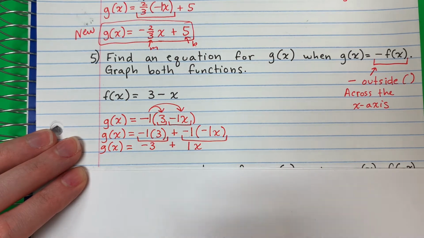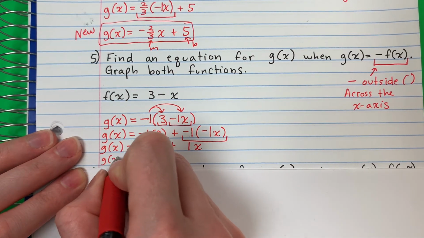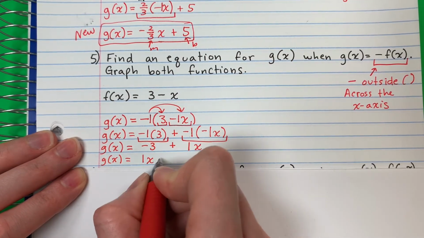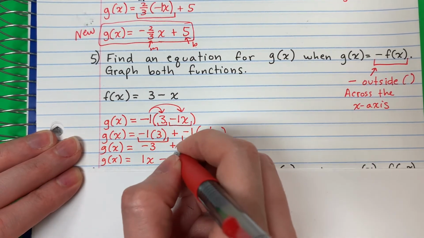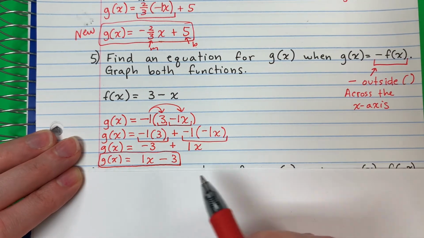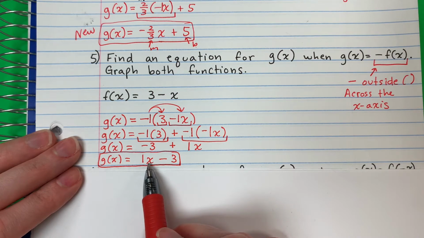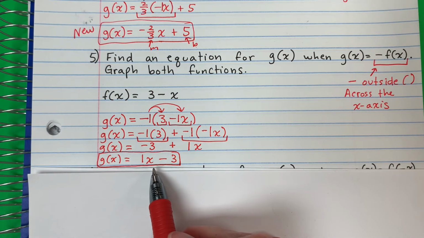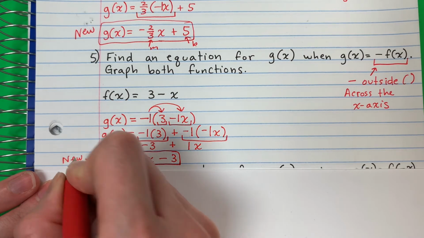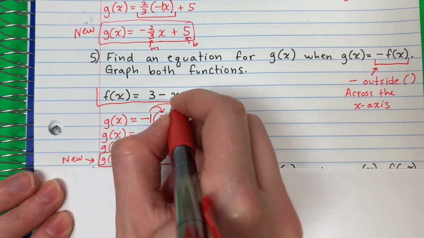Necesito cambiarlos. So, g of x equals positive 1x minus 3. This is my new. Now remember, the 1 in front of the x is optional. El 1 en frente del x es opcional. But I'm going to keep it because I'm going to graph. Pero voy a dejarlo ahí porque voy a hacer una gráfica. So this is my new. And then this is my old.